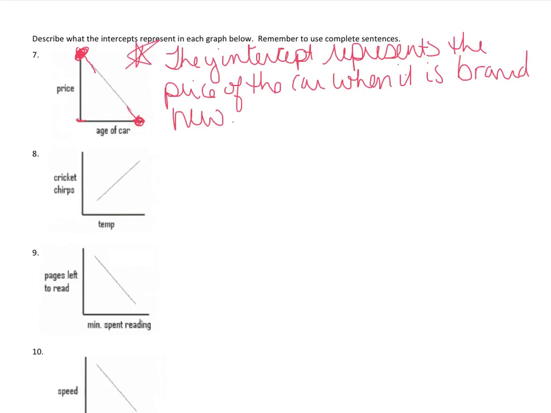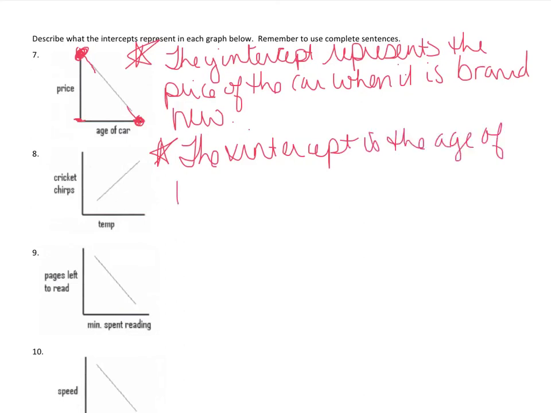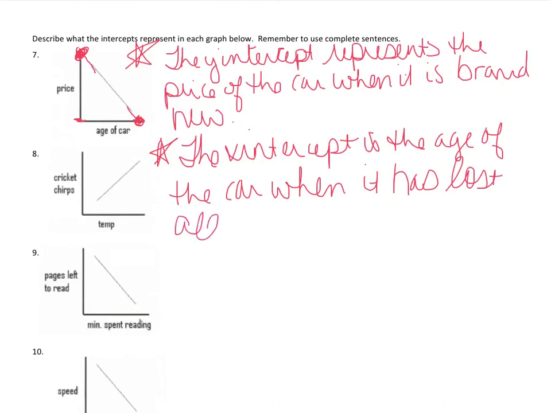Okay, so that's what the y-intercept represents. Now the x-intercept is down here, so that's the age of the car when the price is 0. So one way that you could explain that is that the x-intercept is the age of the car when it has lost all value.